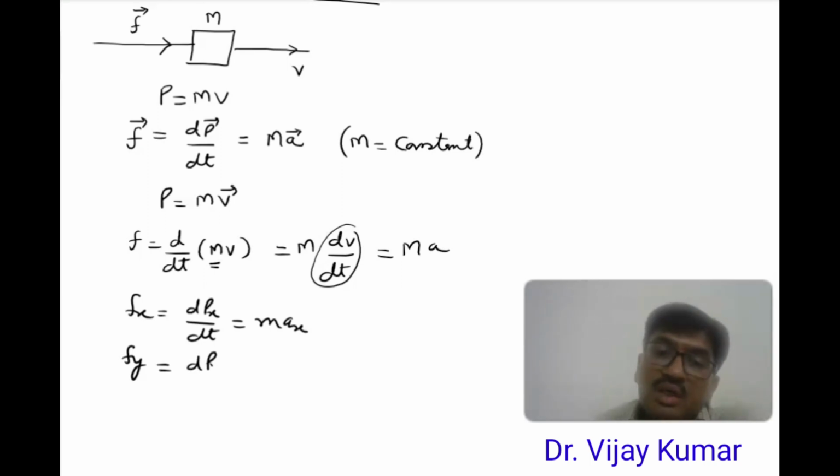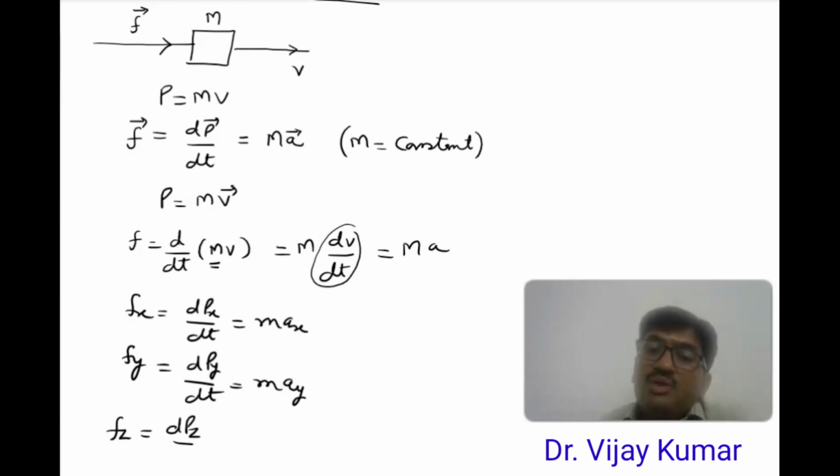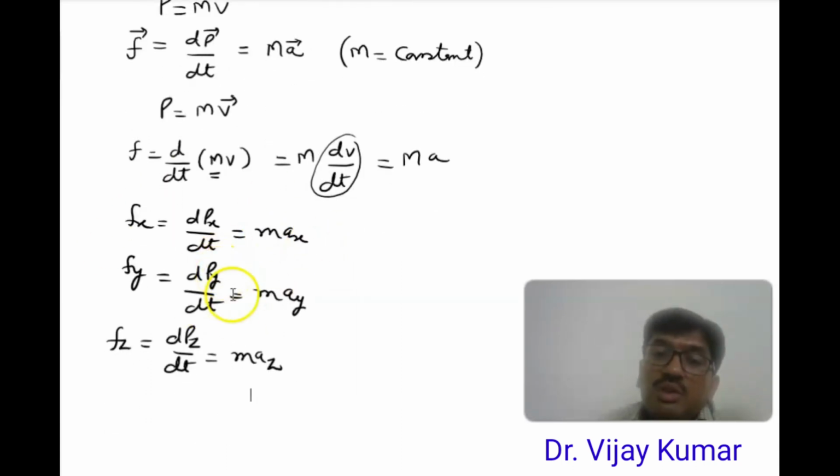Similarly, a force in the y dimension is may, and in the z dimension it is dpz upon dt, or maz. If these are the forces in the x, y, z dimensions, then the total force is i fx plus j fy plus k fz, where i, j, k are unit vectors.